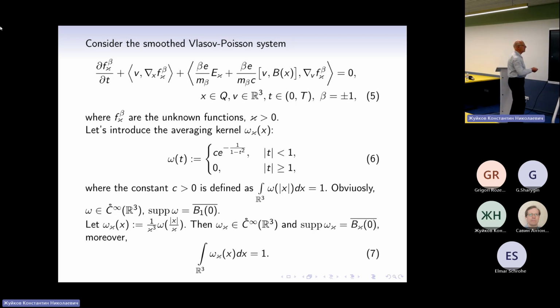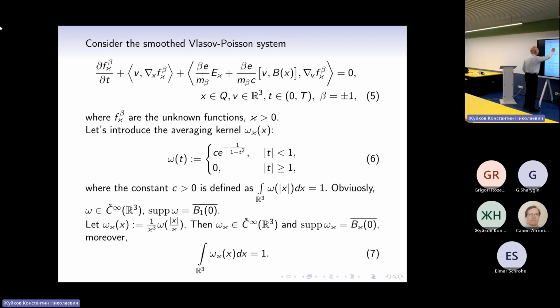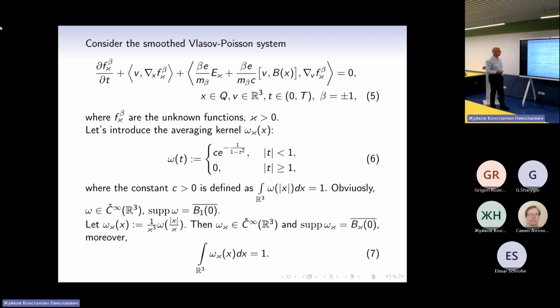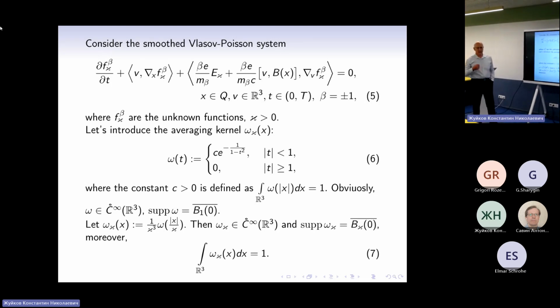So let us consider the last equation, 5. Kappa means the parameter of averaging, and f_beta^kappa are solutions of the two equations 5. And instead of the initial problem for the function phi, we shall exclude the function phi using the Green function, but the Green function with averaging.